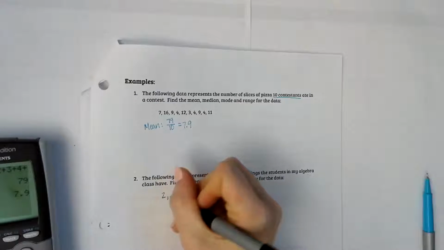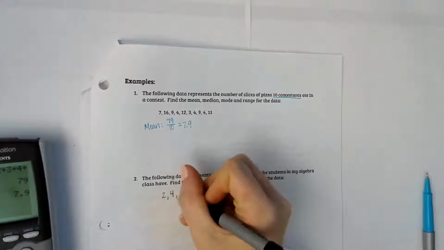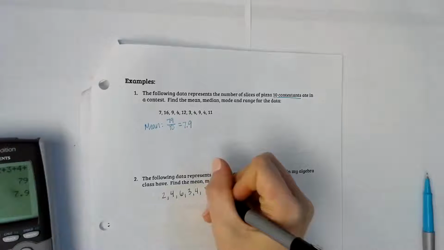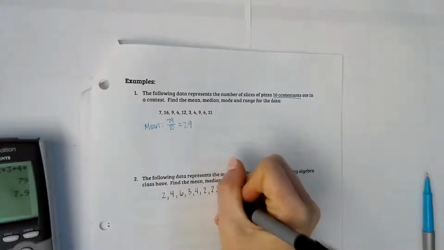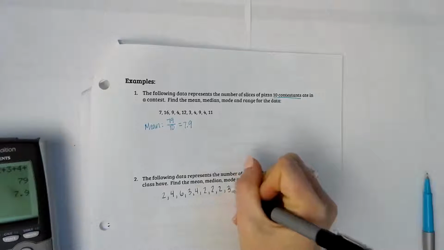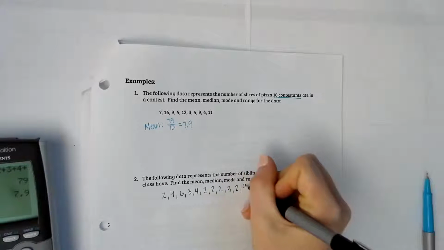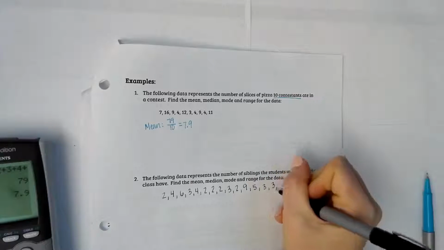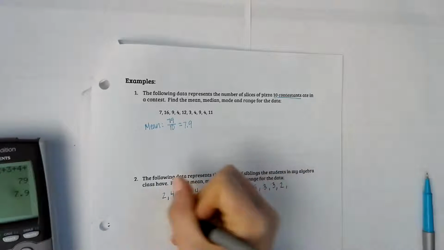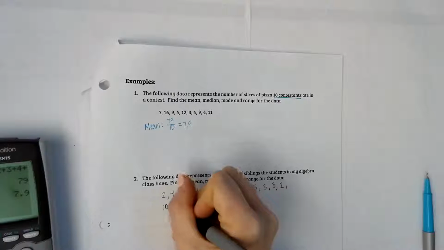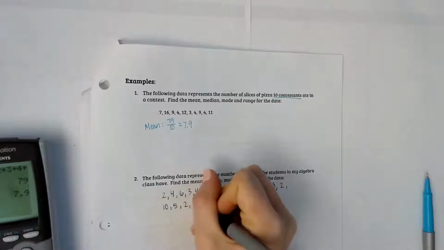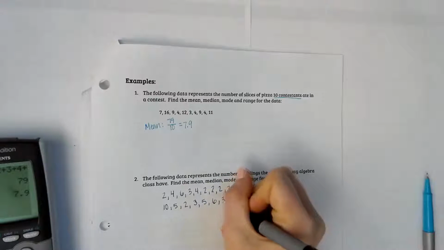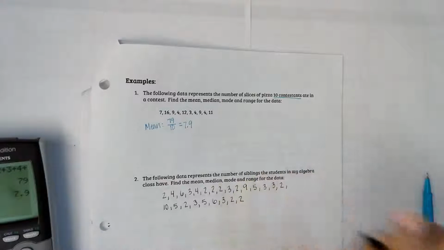So 2, 4, 6, 3, 4, 3 2s, 3, 2, 9, 5, 2 3s, a 2, 10, 5, 2, 3, 5, 6, 3, 2, and 2.